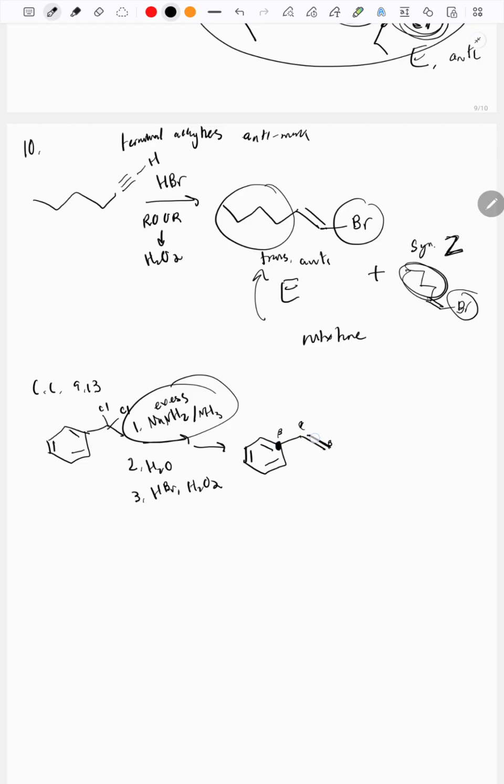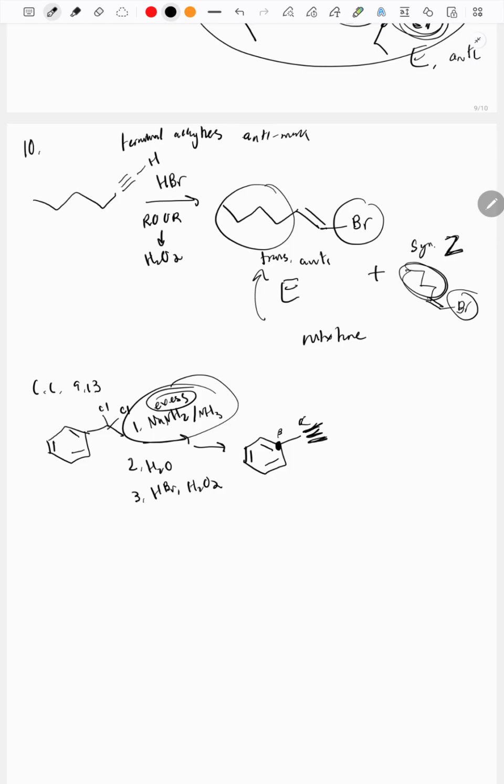You can only do it this way. That's why, because it's excess, we'll do the elimination twice and get that alkyne. Alkynes you can't draw in a bent way, it has to be straight, because sp hybridized it goes straight, I think. Yes, I think it's sp hybridized, but this is alpha and it goes straight.